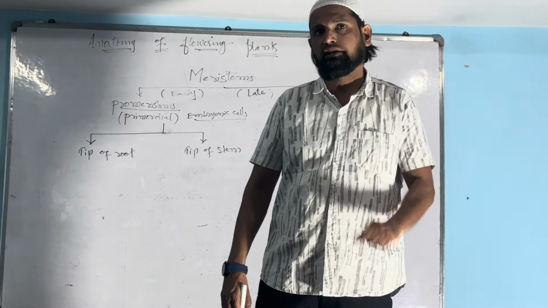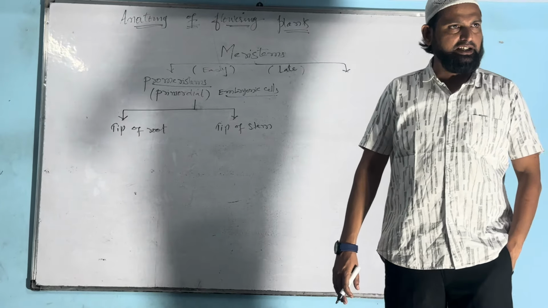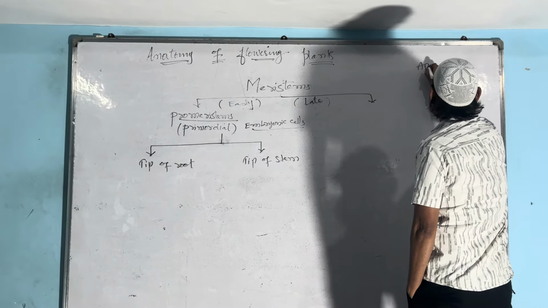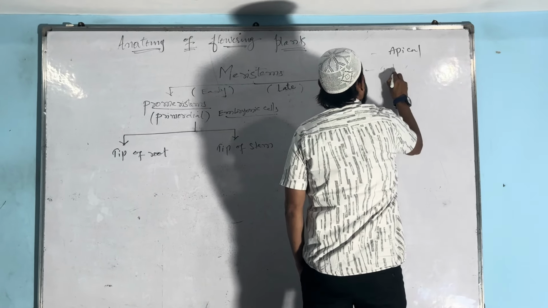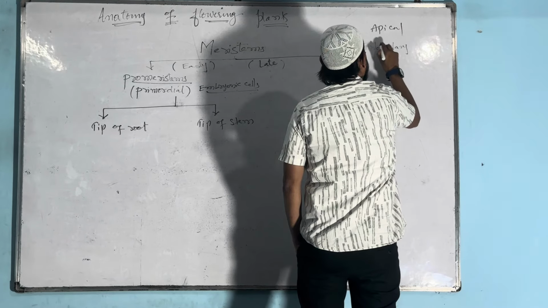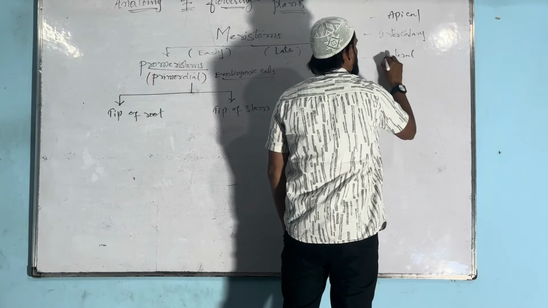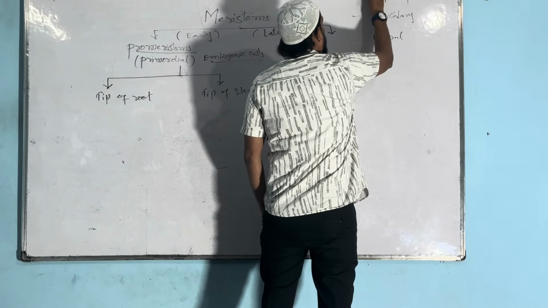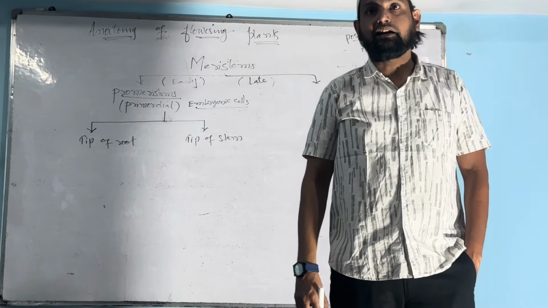Based on location, the meristematic tissues are classified into three types. Number one is apical meristem, number two is intercalary meristem, and number three is lateral meristem. So based on position or location, the meristems are classified into three types: apical, intercalary, and lateral.